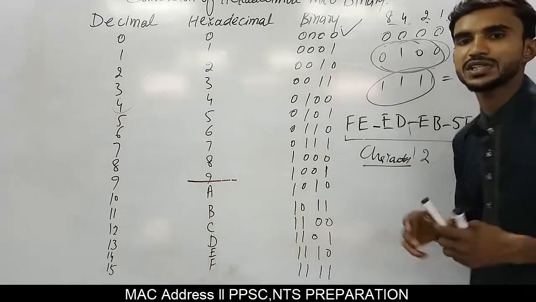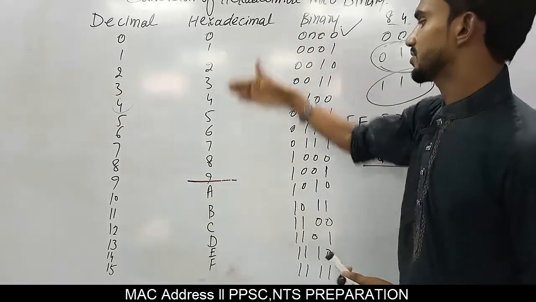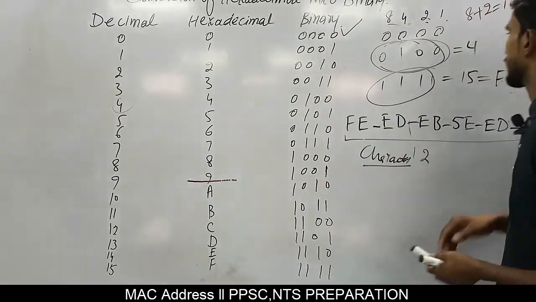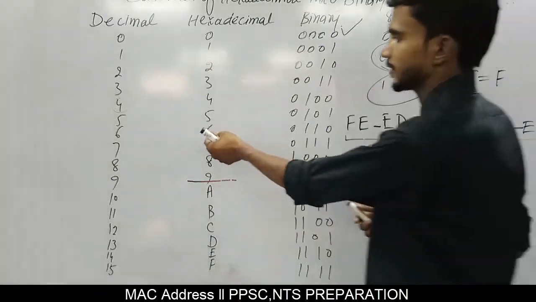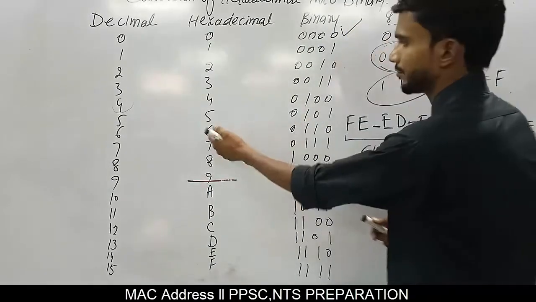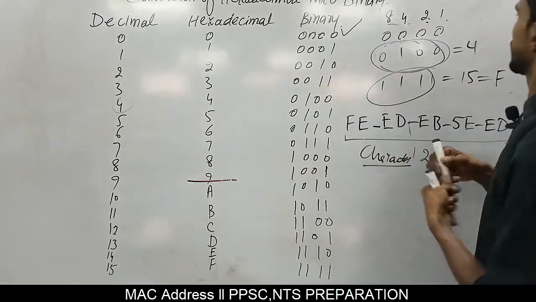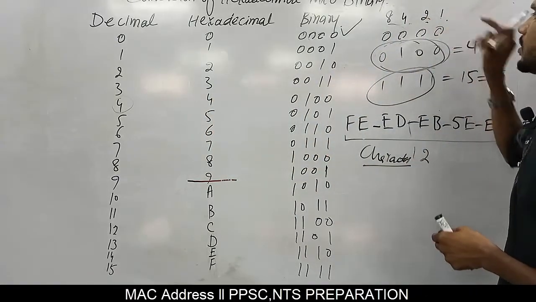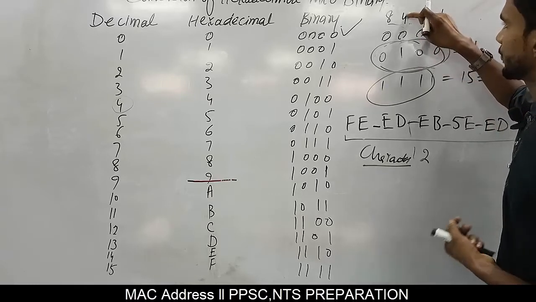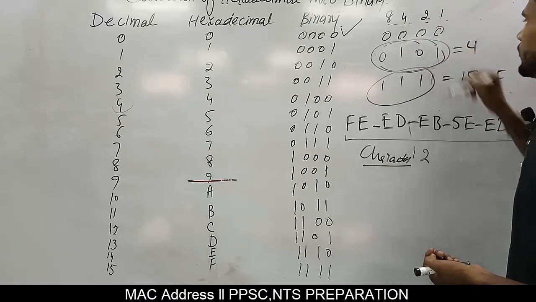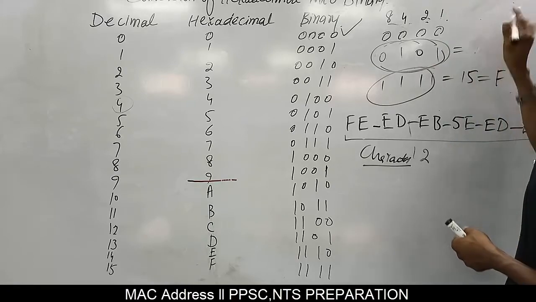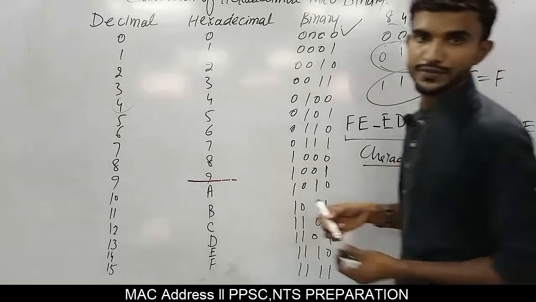So this is the simplest way of converting the hexadecimal format into binary form. Likewise, if for example you have to make binary of 5, what will you do? Just add up 4 plus 1. So instead of 4 you have to write 1, and instead of 1 you have to write 1. So this will be equal to 5.